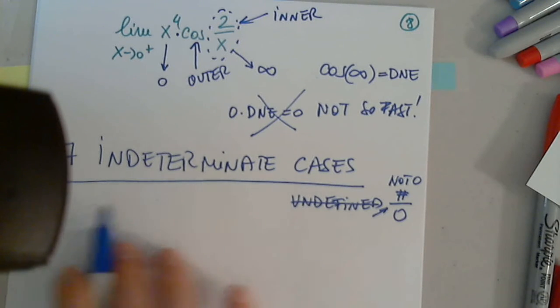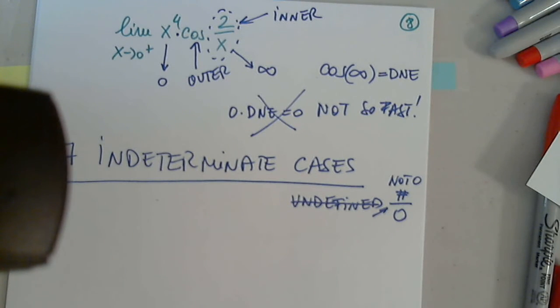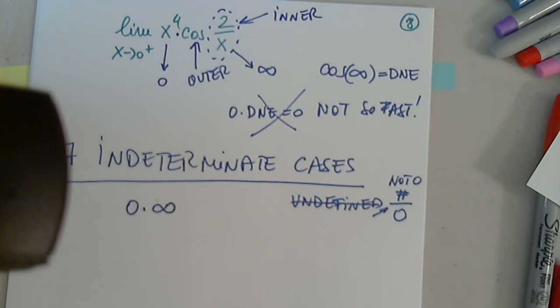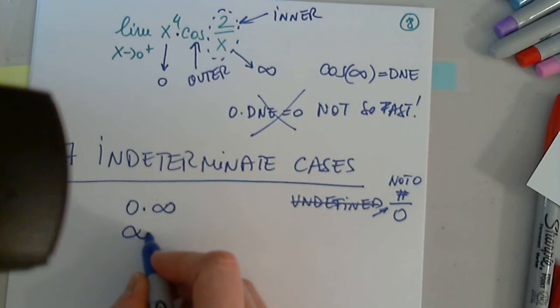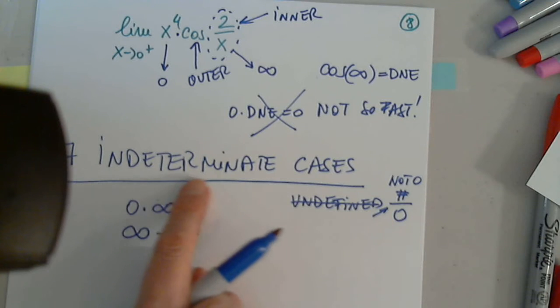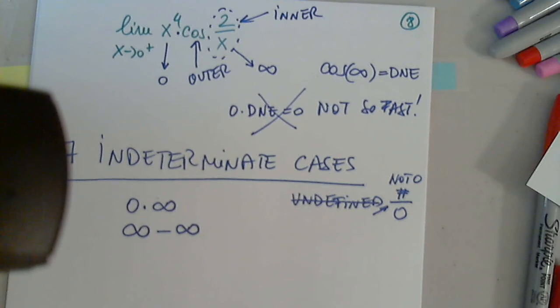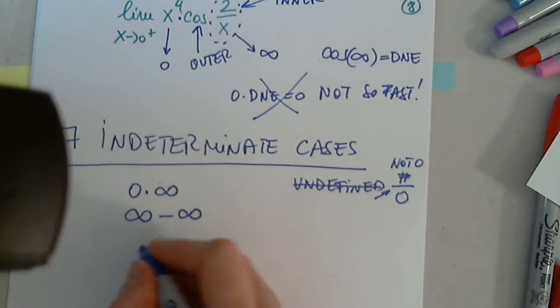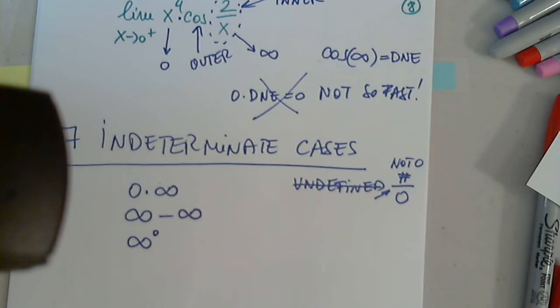But 7 indeterminate cases that we're going to see in this class, one of them is, for example, 0 times infinity. There is no guarantee that this is 0. Another one is infinity minus infinity. Nobody knows what that equals to. Another one is infinity raised to 0. Nobody knows what that is.